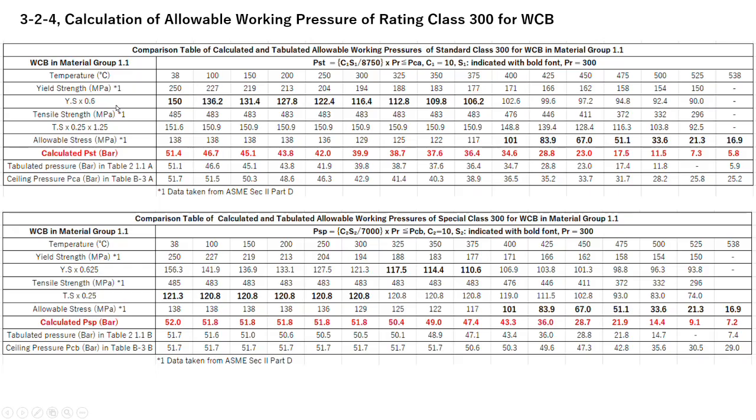So for the standard class, 60% of yield strength specified in ASME B16.34. So yield strength multiply 0.6. So calculate number indicated here. So 1.25 times 25% of tensile strength specified in ASME B16.34.